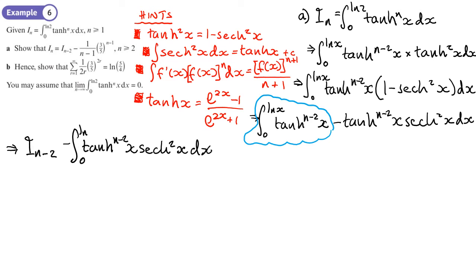Now this is where we use the third hint here and the second hint, because this part here, I could think of that as my f dash of x, and this part here I could think of as my f of x to the power n minus 2.